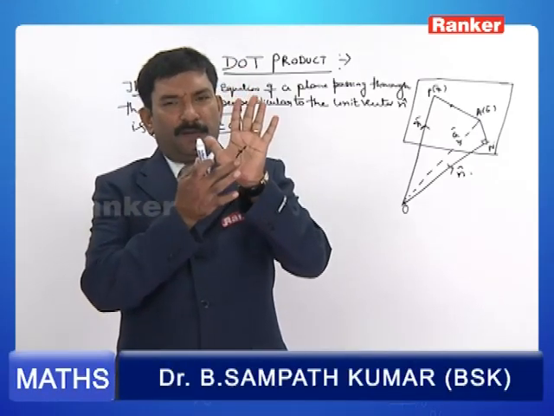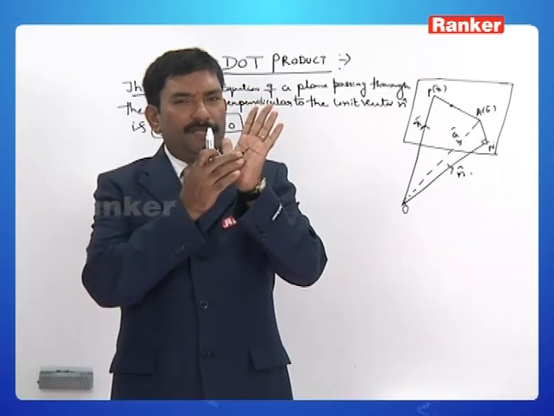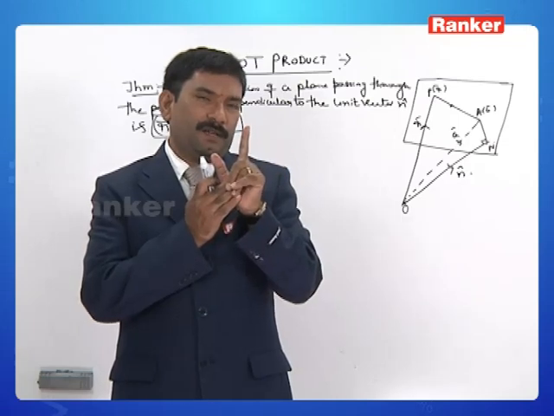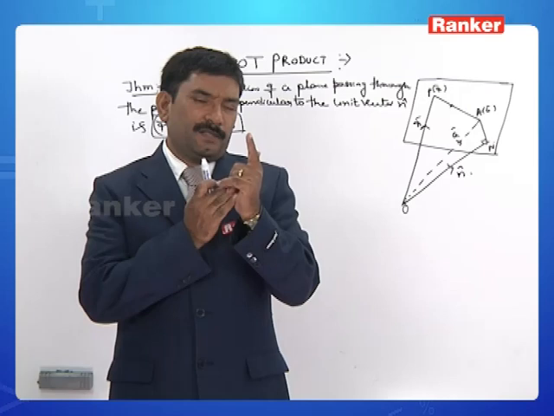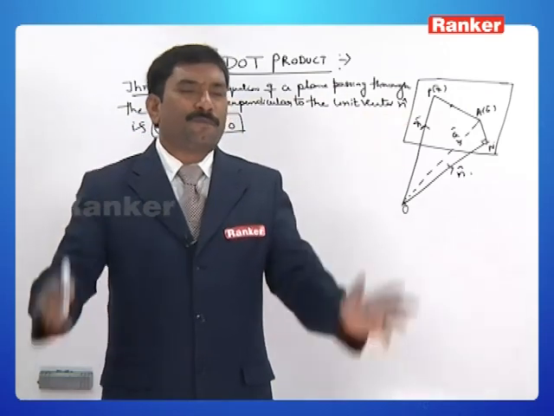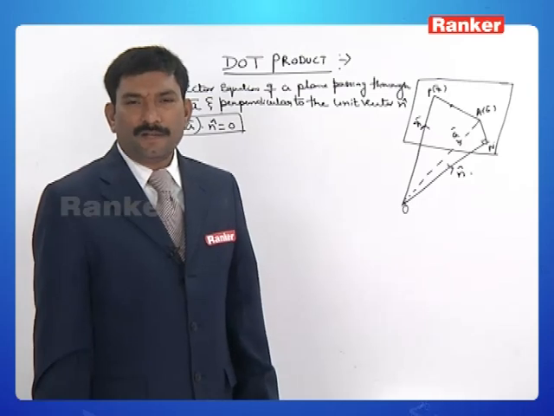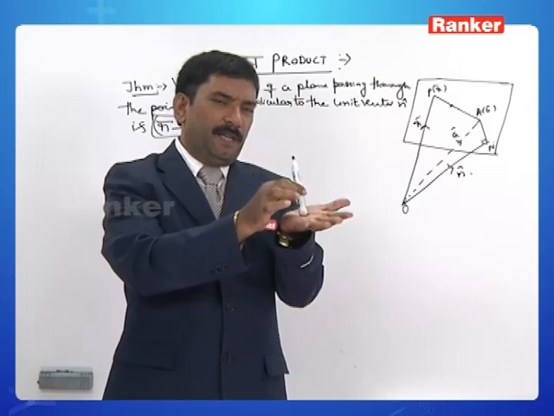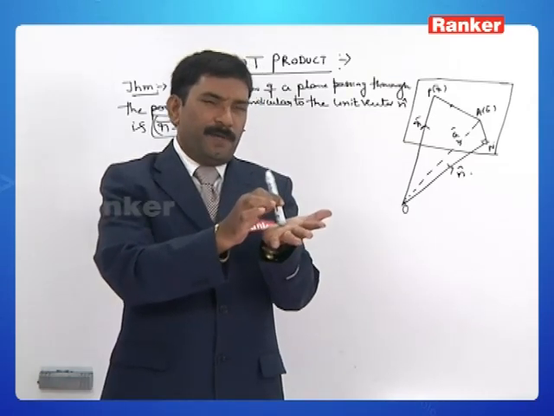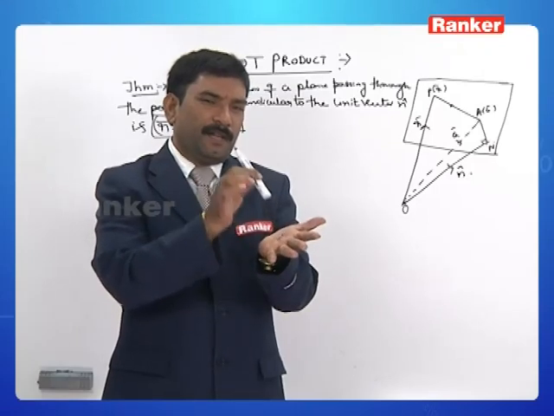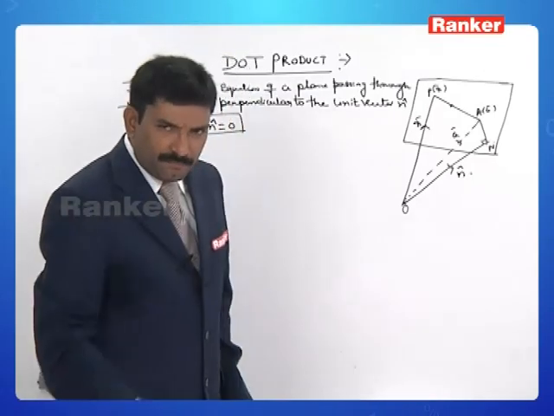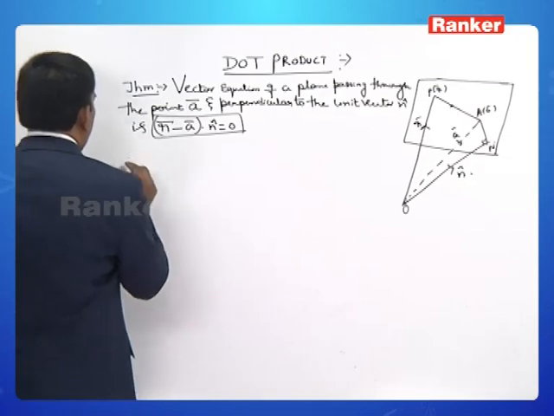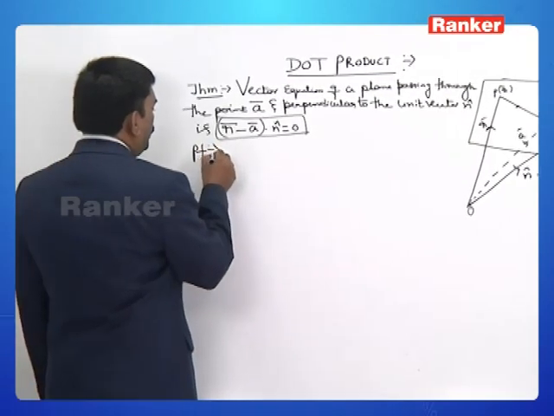This vector is AP bar. This plane may contain one vector, or two vectors, or three vectors, any number of vectors. If n cap is the unit vector perpendicular to this plane, it is also perpendicular to each and every vector present in that plane. Followed? Now let us start.